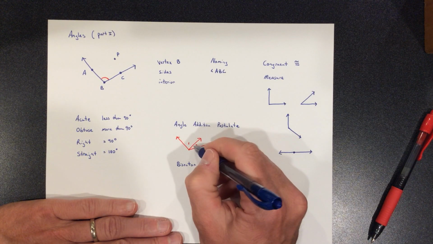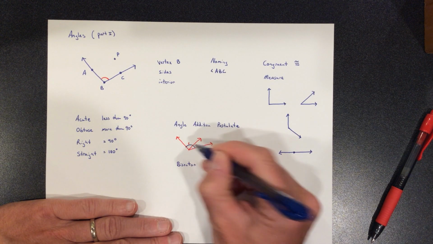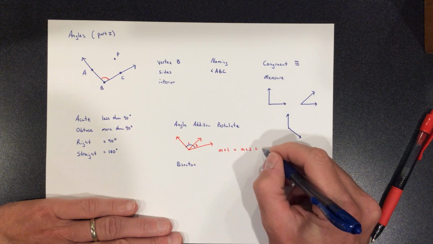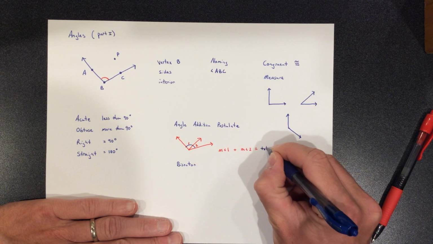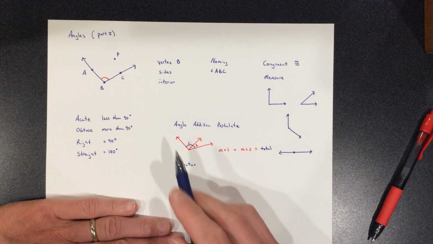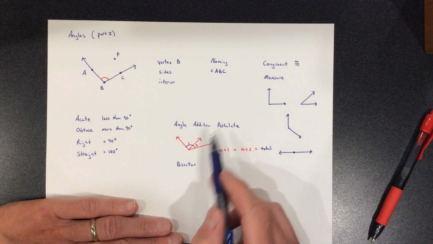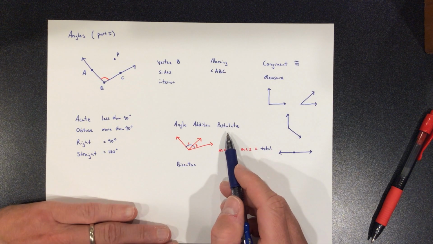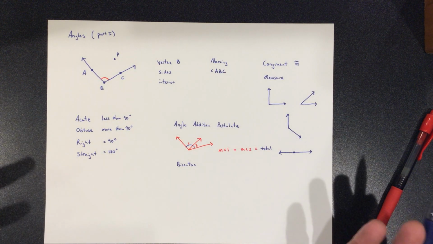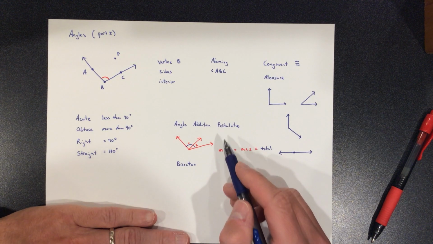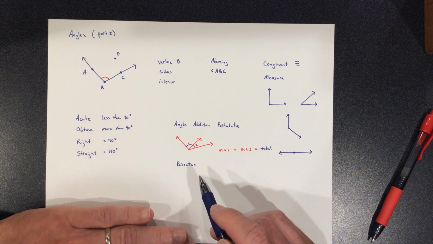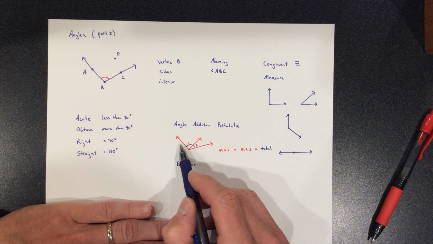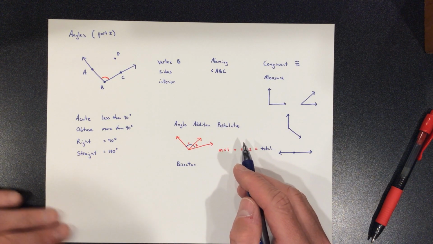Well, it better equal the total, from this ray all the way to that ray. Just like the segment addition postulate, we have an angle addition postulate. I'm not even sure it really needs to be a postulate. I know it's something we can just say is true without proving it, but hopefully it is obvious that if I take this angle plus this angle, I get the total angle, and then we can use it to solve questions.